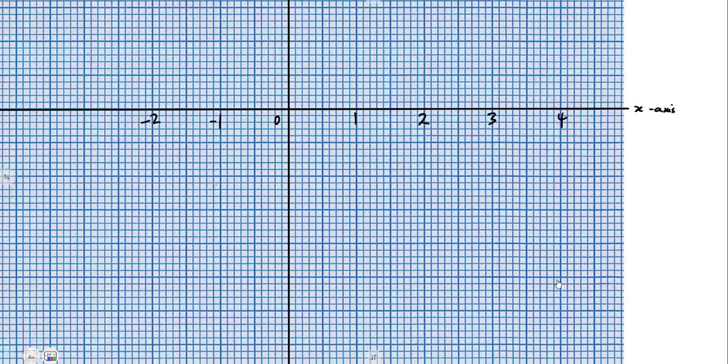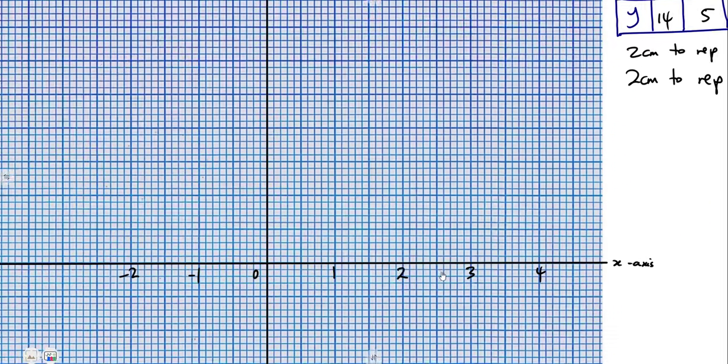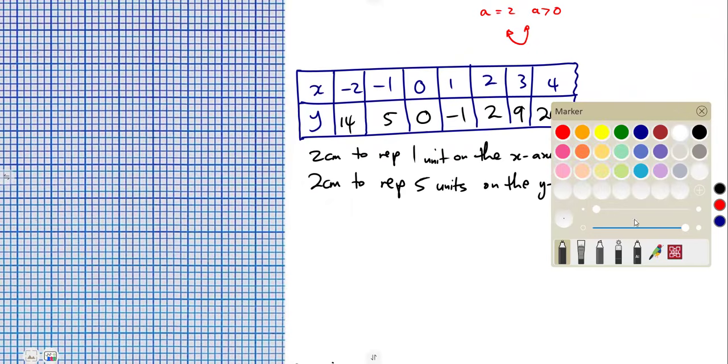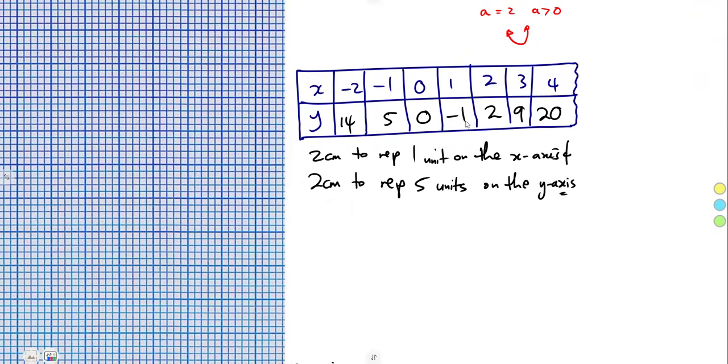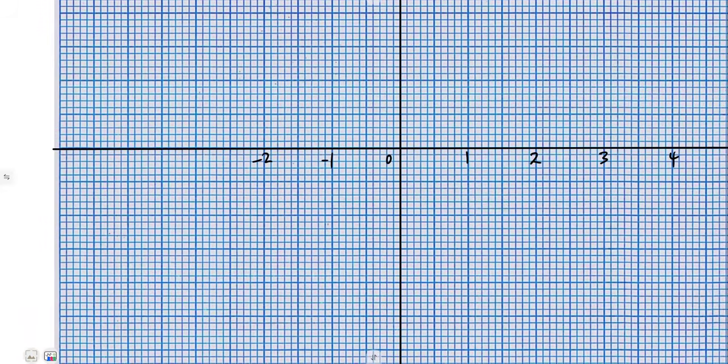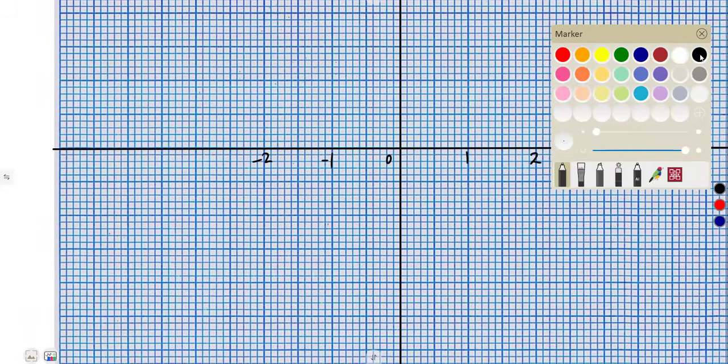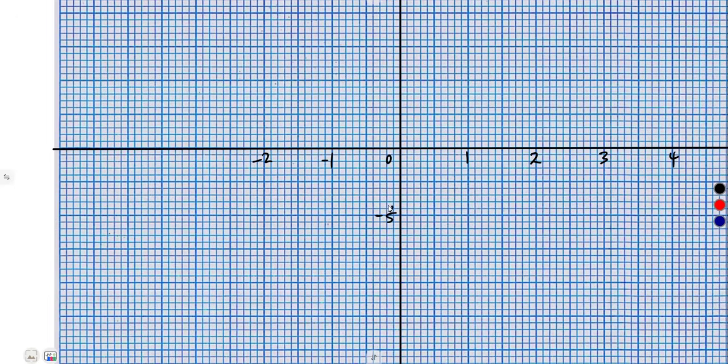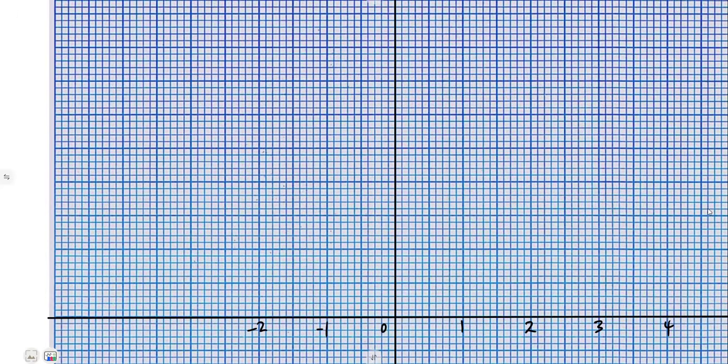For the y values, the minimum value that we must accommodate is -1, whereas the maximum value here is 20. So we must accommodate -1 up to 20 using those 5 units. So -5 accommodates -1. It is within, so we are done. Let's go up to 20. So that is 5, 10, 15, 20.